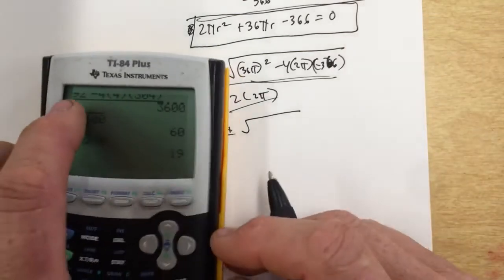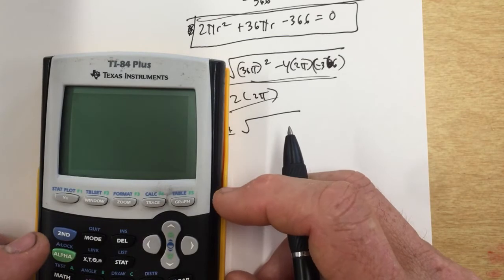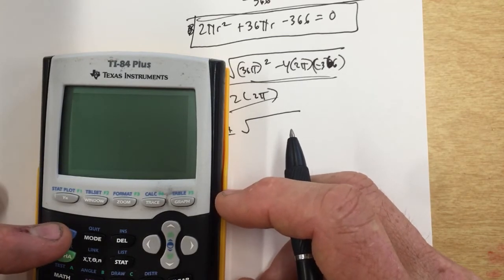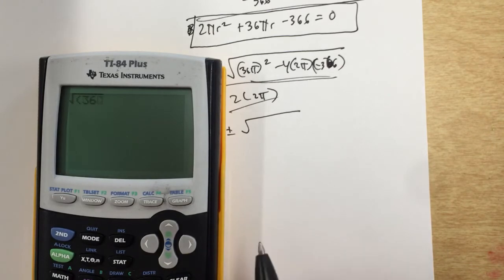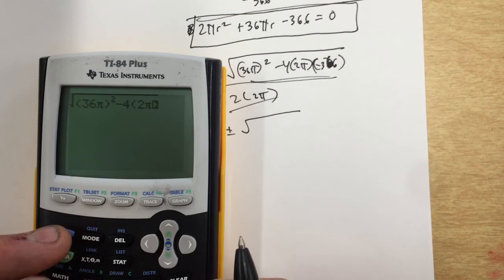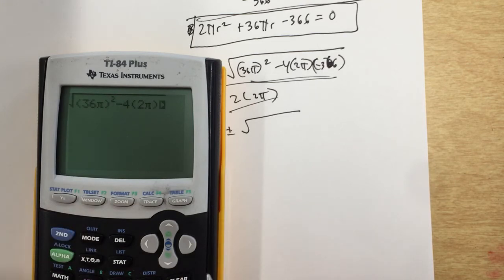Which actually, if you have a calculator like this right here, you could type that whole thing in. So I'm just going to type it all in: the radical, in parentheses, 36 pi, in parentheses, squared, minus 4 times 2 pi, in parentheses, negative 366.